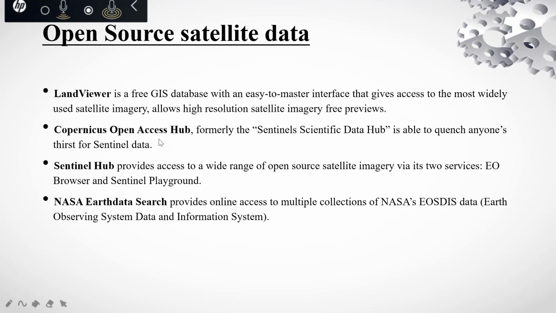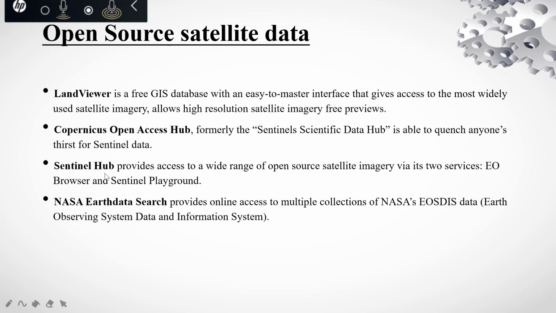Next is the Copernicus Open Access Hub. Formerly, it was called the Sentinel Scientific Data Hub. It is able to quench anyone's thirst for the Sentinel data set. The Sentinel was a satellite which was also used to collect similar images as the Landsat does.